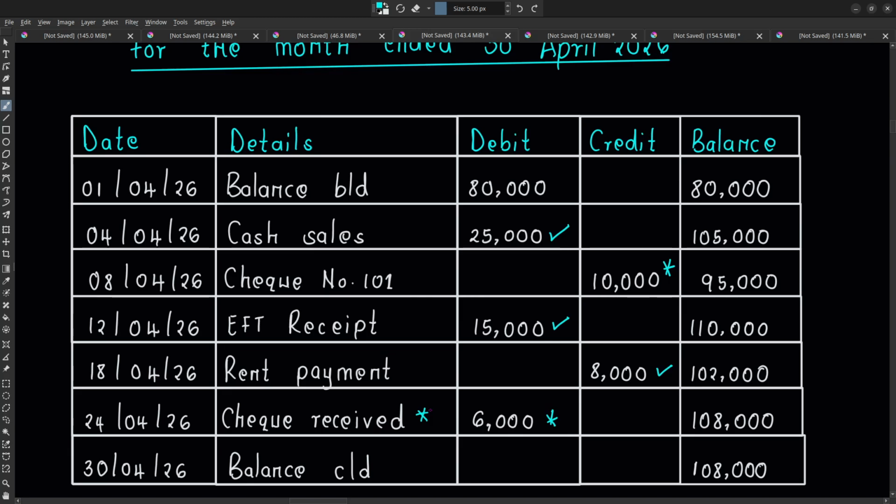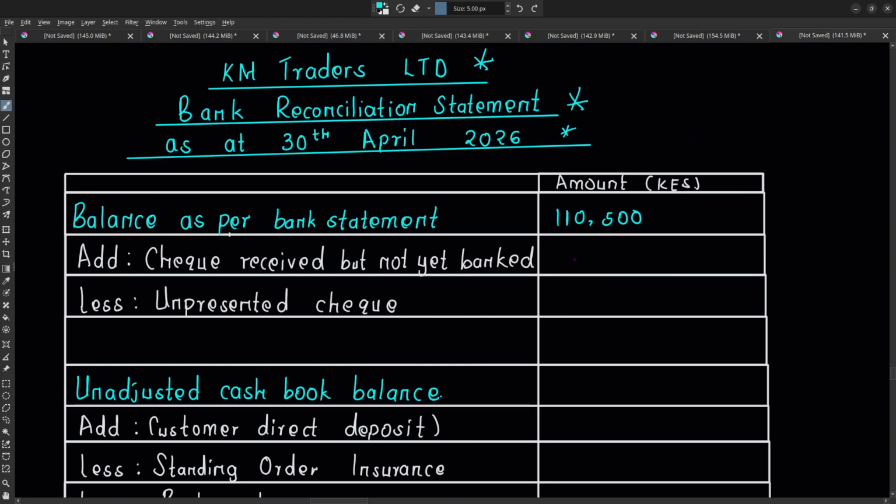So here we indicate this 6,000. It's just that the bank has not yet executed the process of clearing this check, which we were given by a customer as a payment. Then we also less unpresented checks. Why are we lessing unpresented checks?